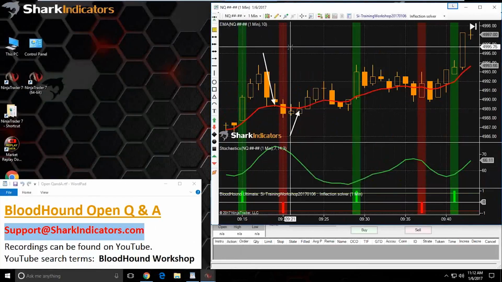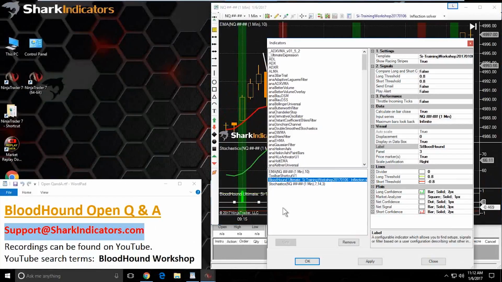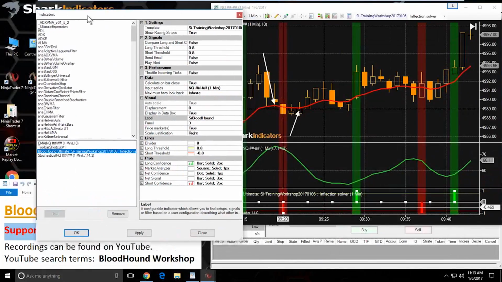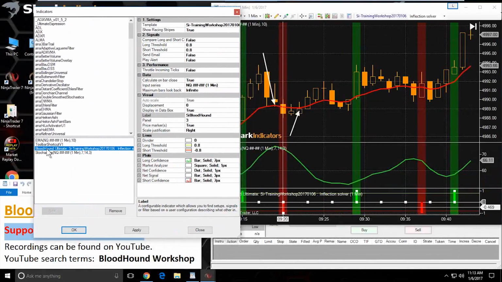Let me open up the indicator window. Gary's asking about this NinjaTrader setting, which is calculate on bar close. Does it only work when it's set to true or set to false? No, it works for both. It'll work on false as well.